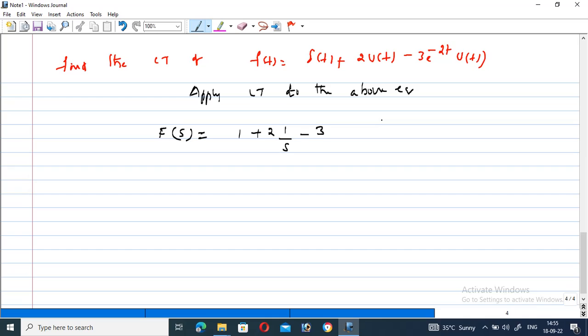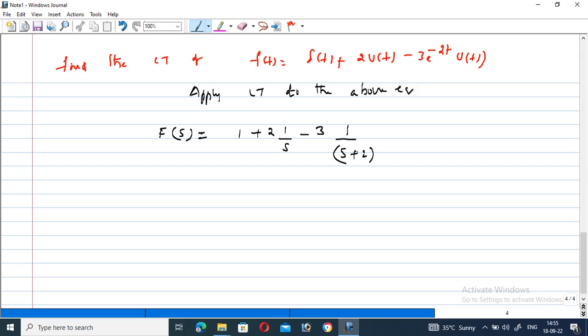U of t is 1 by s, and with the e power multiplication it is 1 by s plus 2. So this is the formula for finding the Laplace transform of the corresponding function.